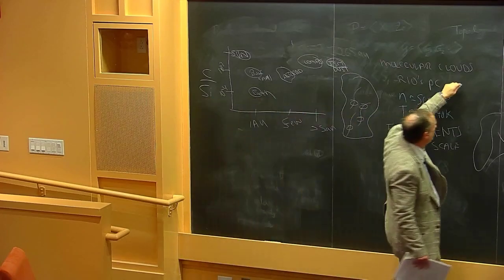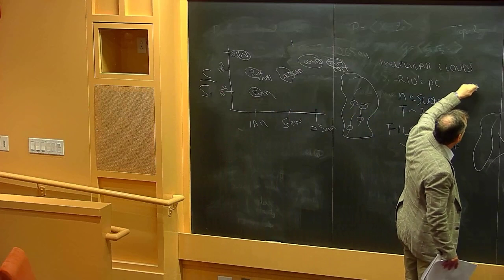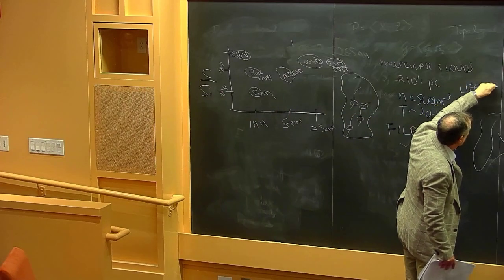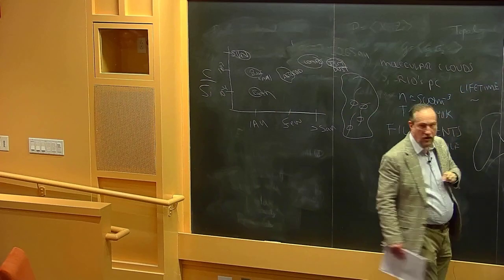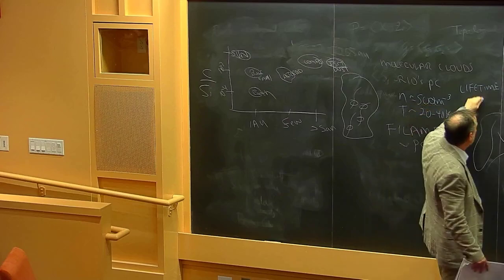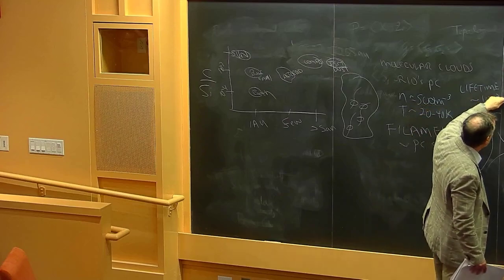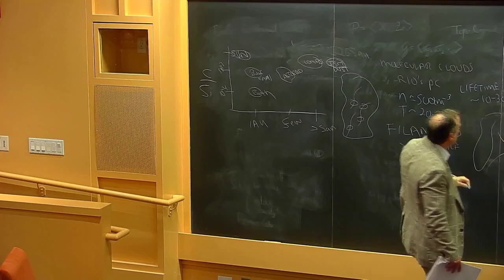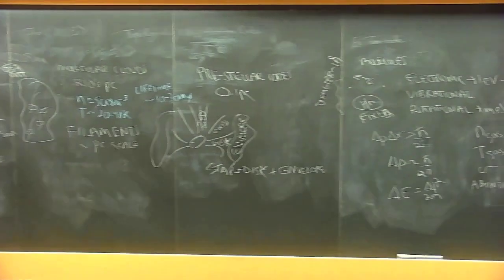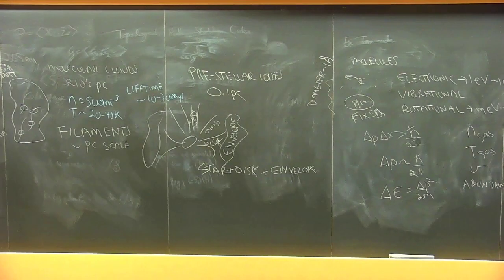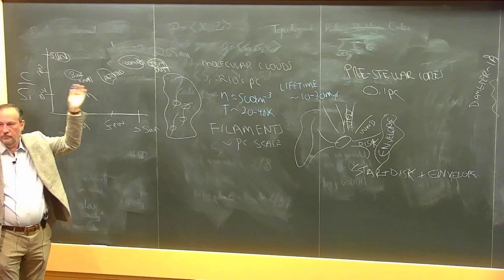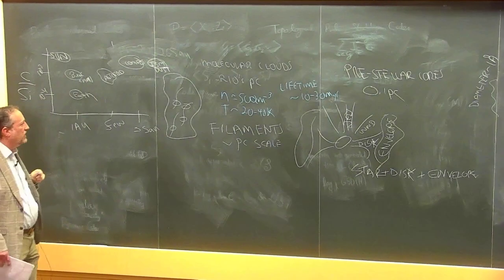And the lifetime of this phase, and this is done by looking at other galaxies, is 10 to 30 million years. And the clouds spend most of their time quiescent. That was from looking at galaxies like M51, which is face on in the sky.